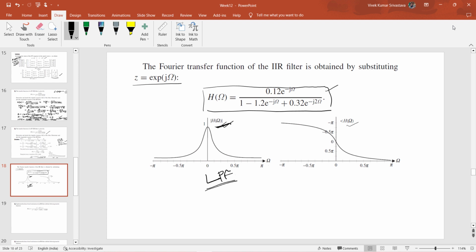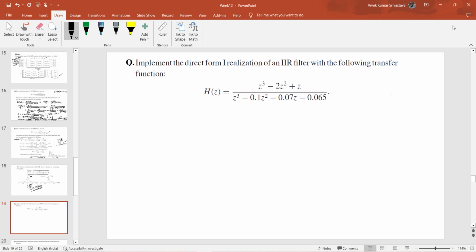So that's why this is basically a low pass filter, or say a low pass infinite impulse response filter. That is how we can analyze any kind of filter.